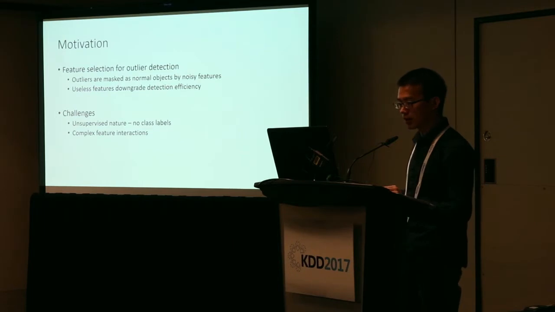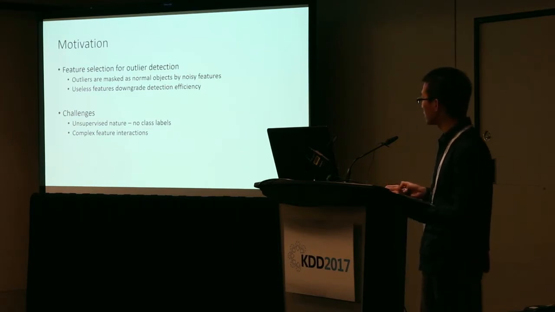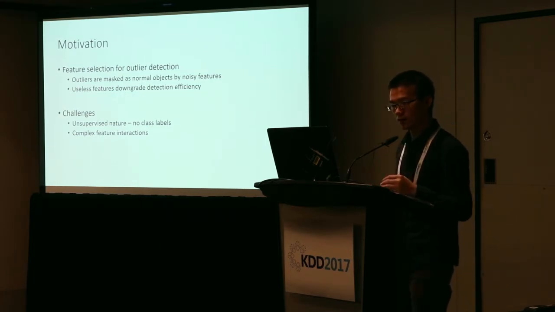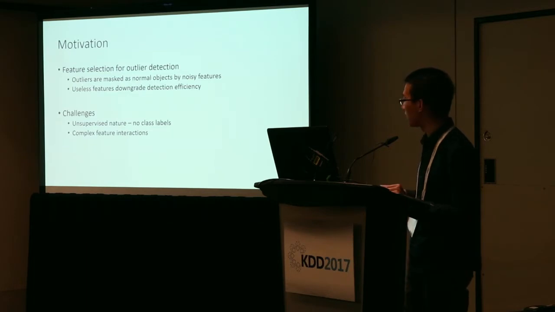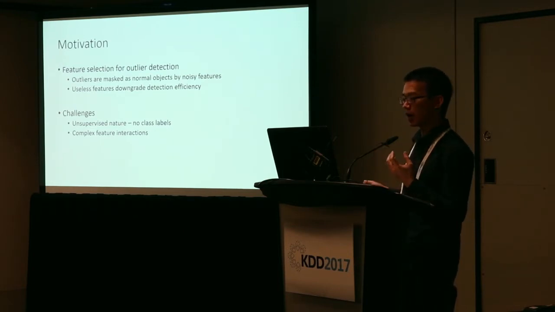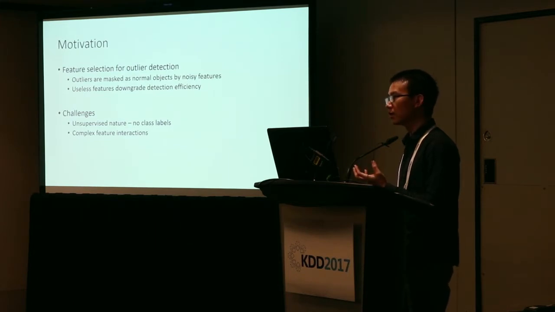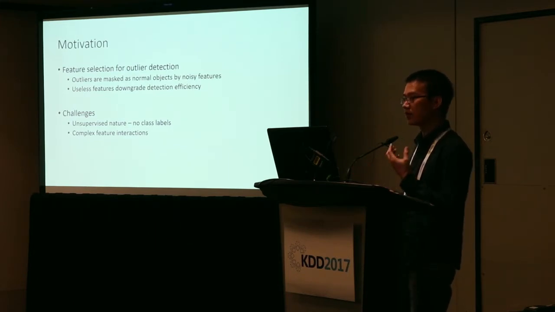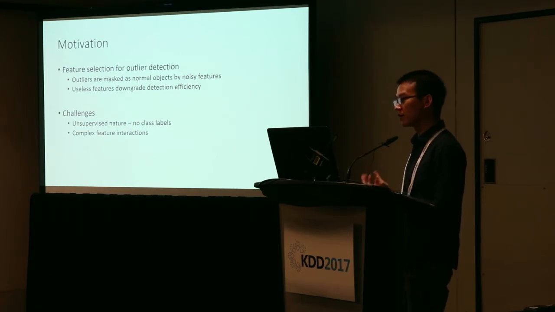The need for designing feature selection for outlier detection is that, one reason, outliers are often masked as normal objects by noisy features. Noisy features here mean, simply put, features in which the outliers contain frequent patterns, but the normal objects contain infrequent patterns or infrequent values.